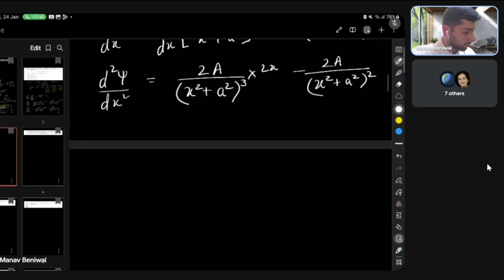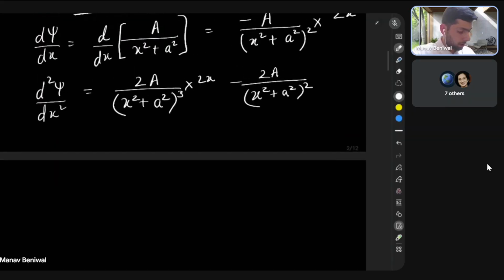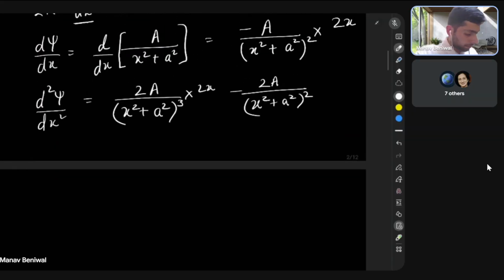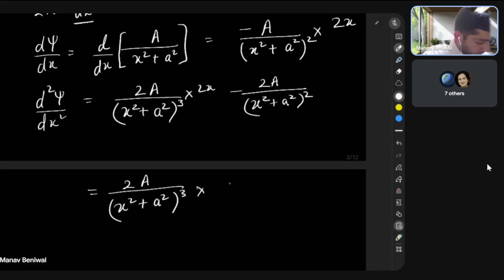If we solve this, what we should get is 2a over x squared plus a squared whole cube common outside, and then this will be multiplied by 3x squared minus a squared.